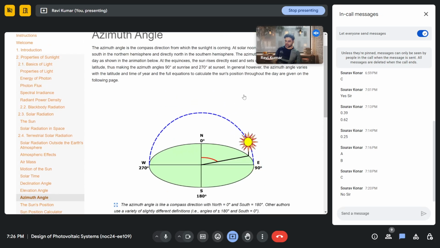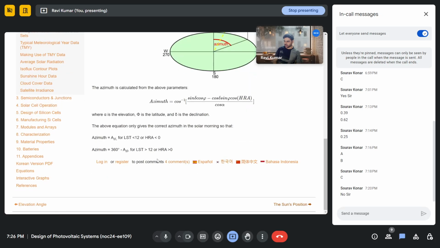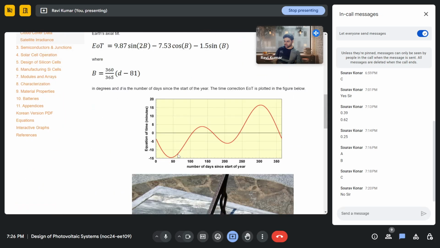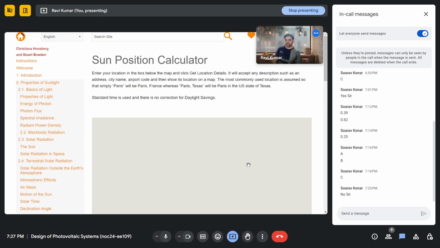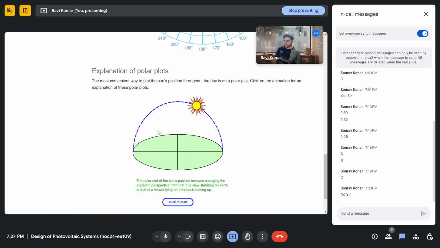Then the azimuth angle: you can see when it is 0, when it is maximum, when it is negative, when it is positive. You just play with this and you will understand. At least go through the animations. If you are not reading the entire website, it's okay, but just go through the animations.